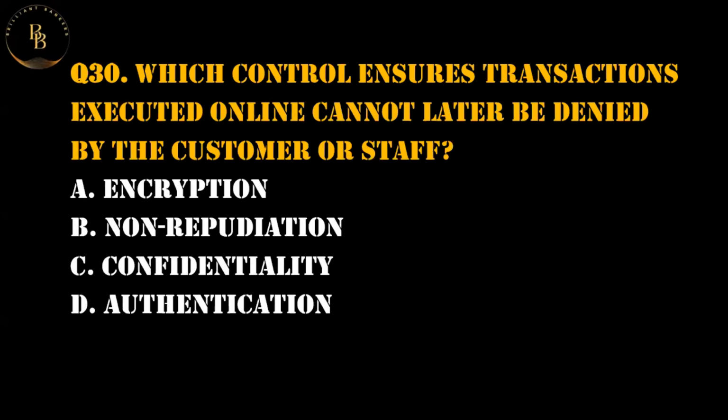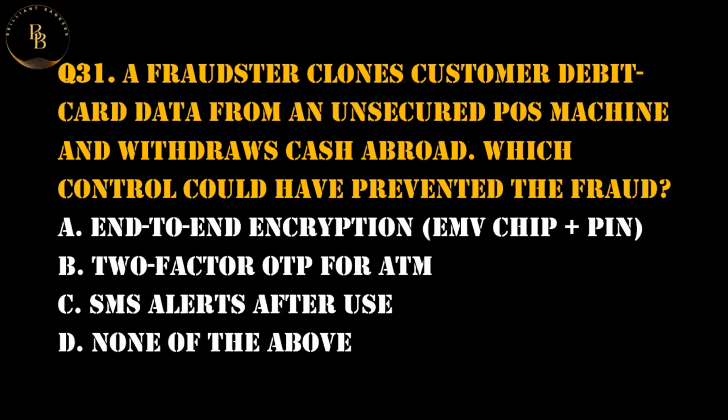And the right answer for this will be non-repudiation. It relies on digital signatures and secure logs that bind the transactions to its originator. So, non-repudiation ensures transactions executed cannot later be denied by the customer or by any staff.